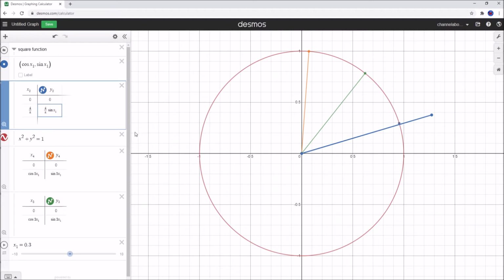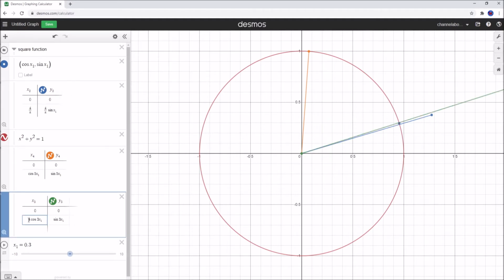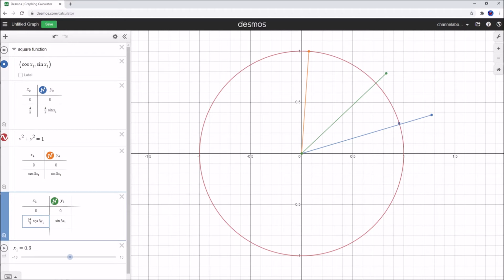Now the next phasor is going to be this one here, which is in green, and it's going to be given by the length 4 divided by 3 times pi. And again, we're going to have 4 divided by 3 times pi.